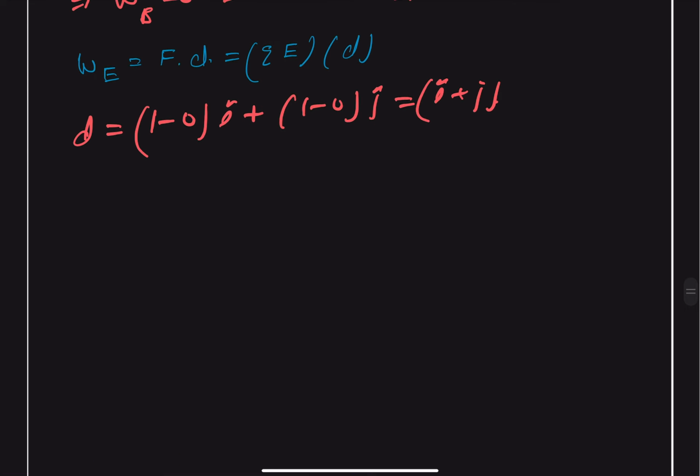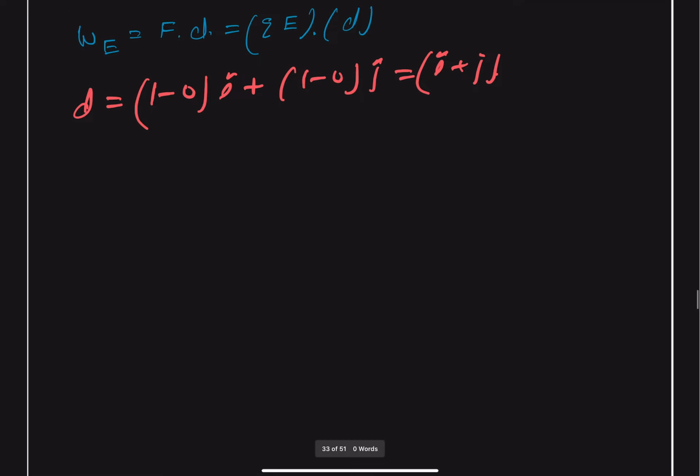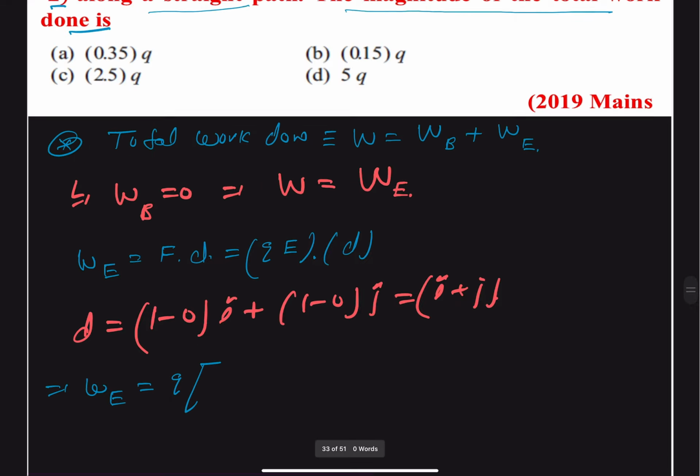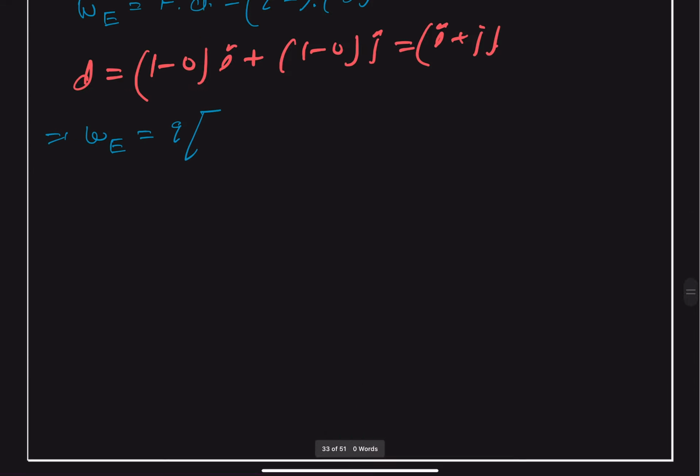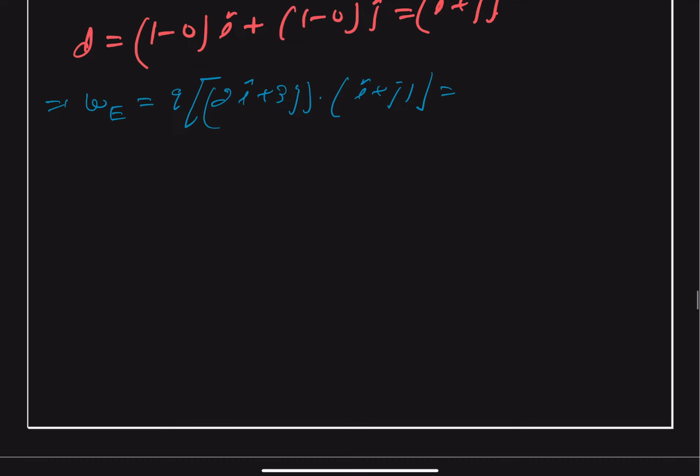Therefore, this is a dot product. Our work done due to electric field will be Q times (2i plus 3j) dot (i plus j). And this gives us 2 plus 3, this is 5, and comes as 5q.